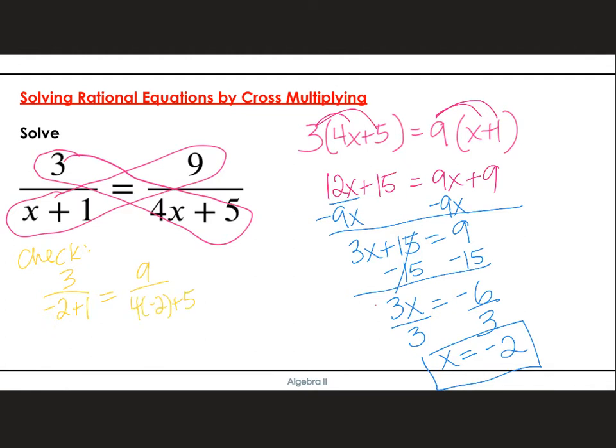Negative 2 plus 1 is negative 1, so that's negative 3. And then 4 times negative 2 is negative 8. Negative 8 plus 5 is negative 3. So then we have 9 over negative 3, which is negative 3. So that works out.